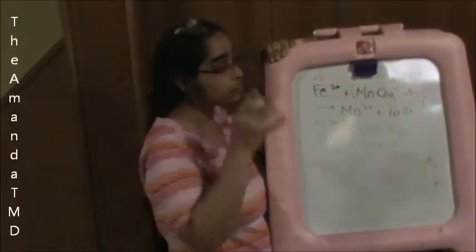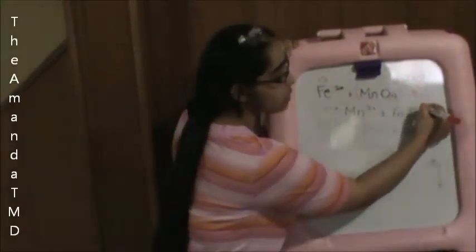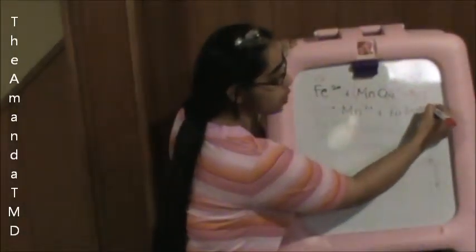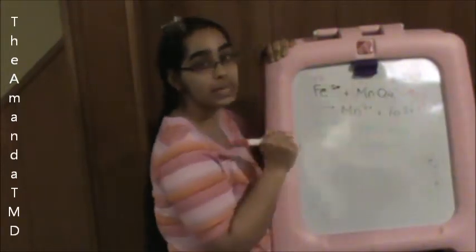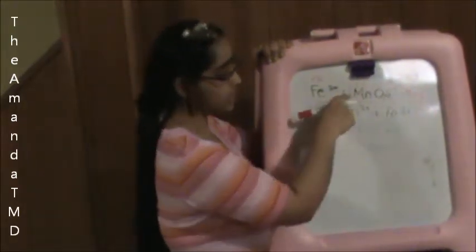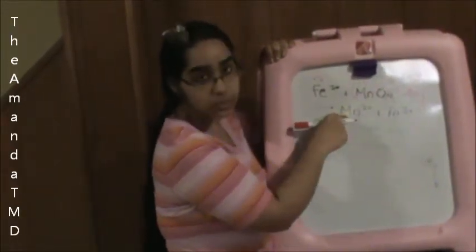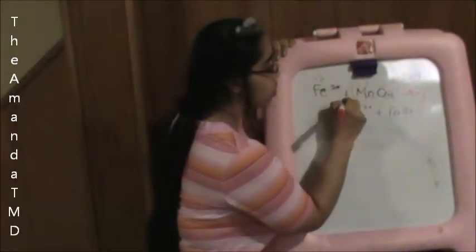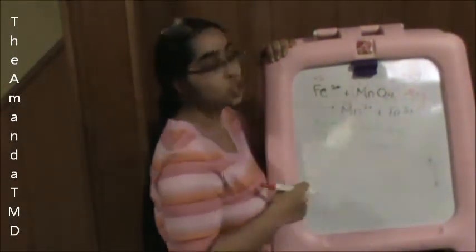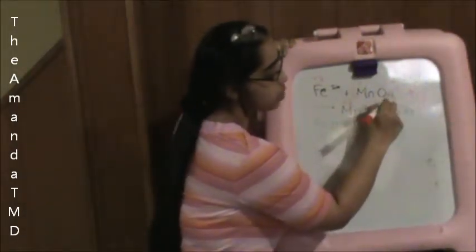When I solve for x, it comes out to be +7, which becomes my oxidation number for manganese on this side. Now, this one is in its ionic state, so it'll be +2 since the charge on it is +2. And the iron is also in its ionic state, so it'll be +3.